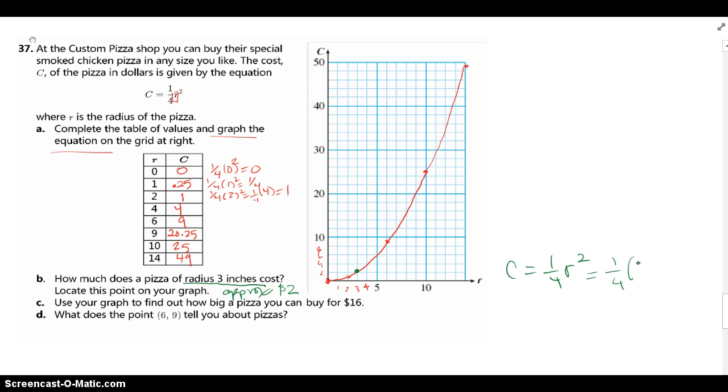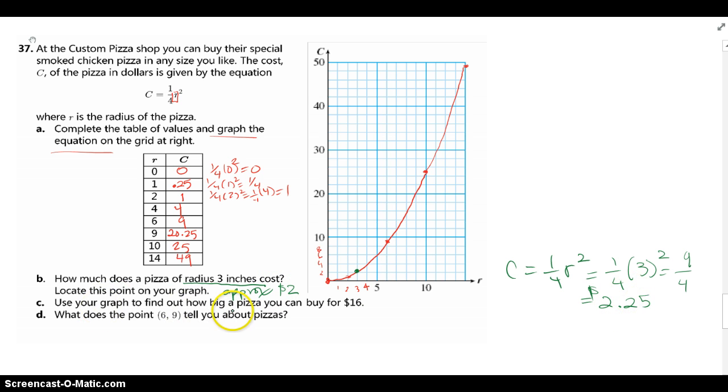I put 3 inches in and I square that, it's 9/4. So that looks like it's $2.25. So not so bad. We were pretty close. 3 inches costs you more than $2, approximately $2, $2.25 to be exact.